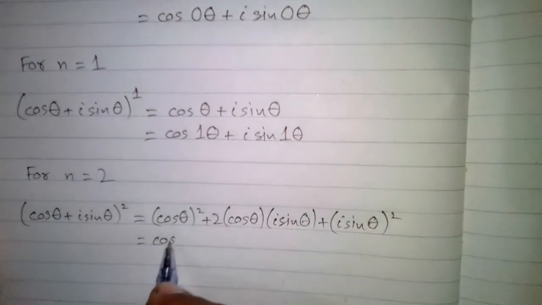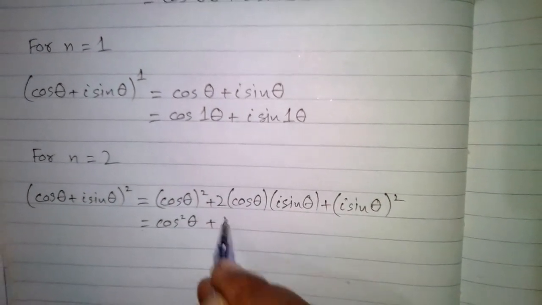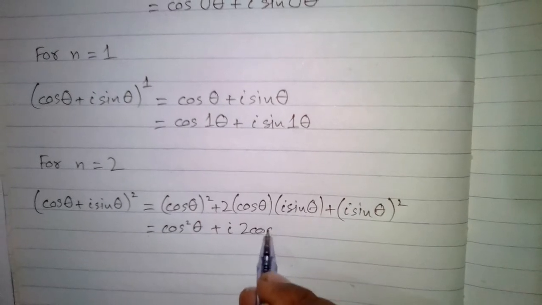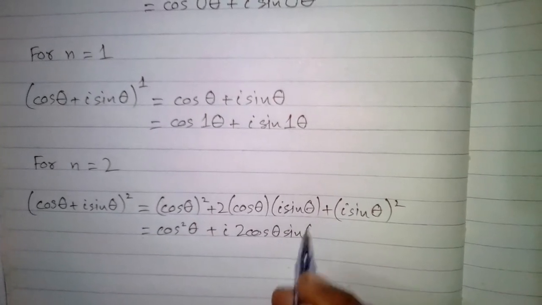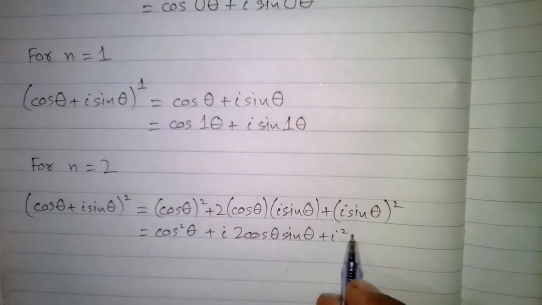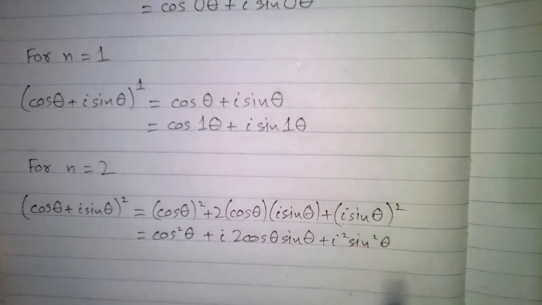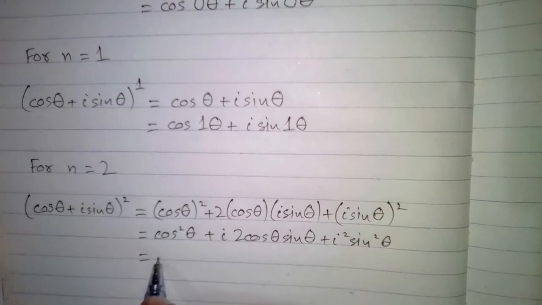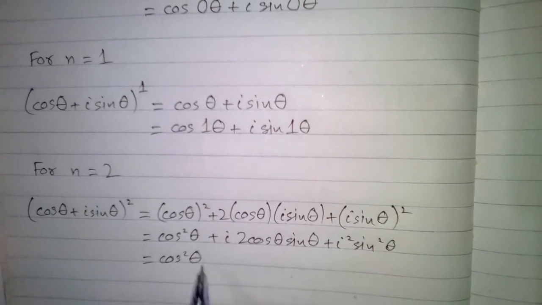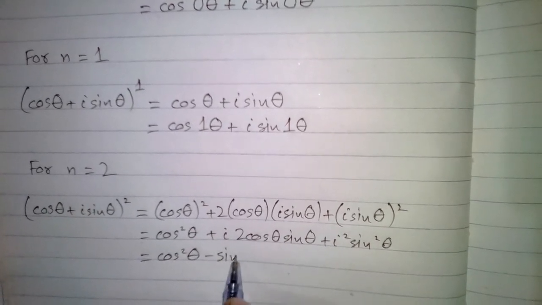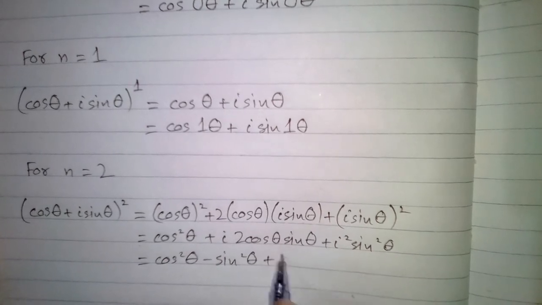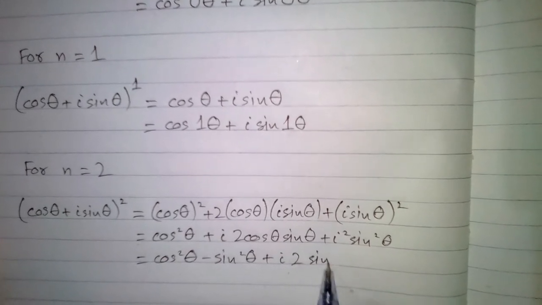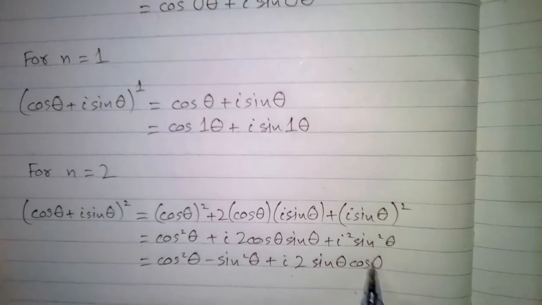Then this will be equal to cos square theta plus iota 2 cos theta sin theta plus iota square sin square theta. Now iota square is minus 1, so this will be equal to cos square theta minus sin square theta plus iota 2 sin theta cos theta.